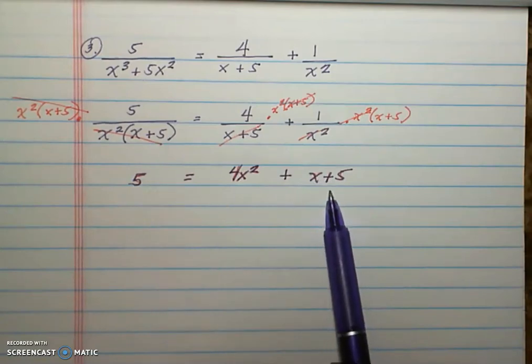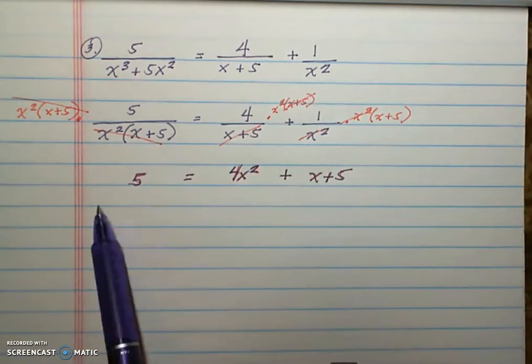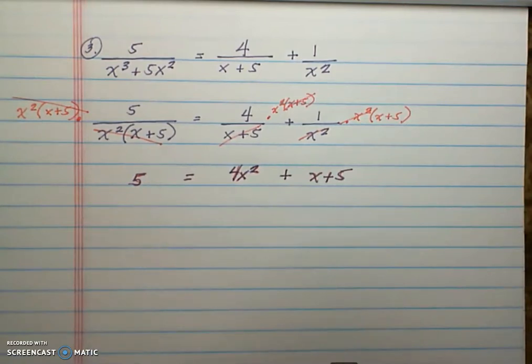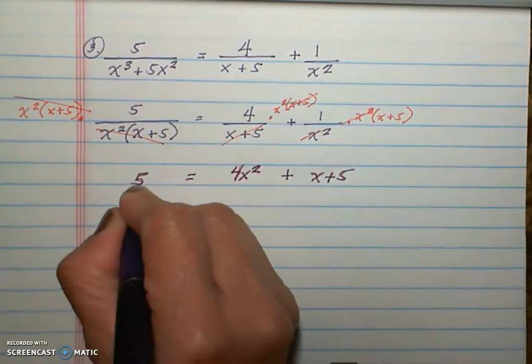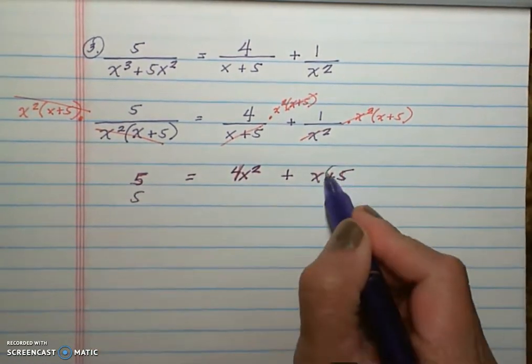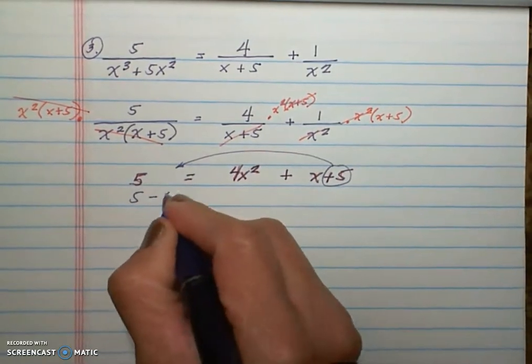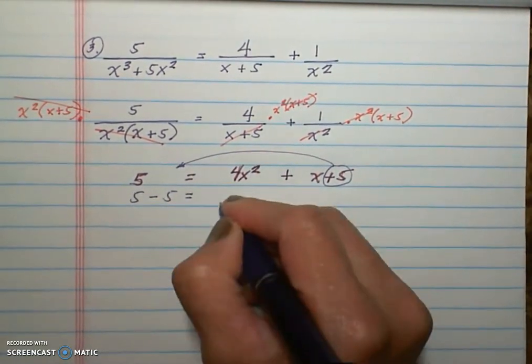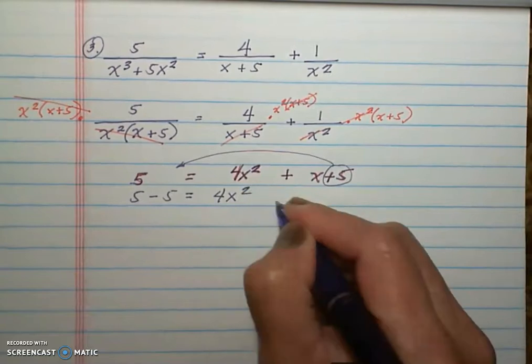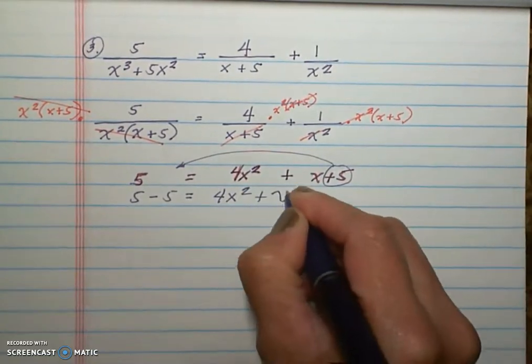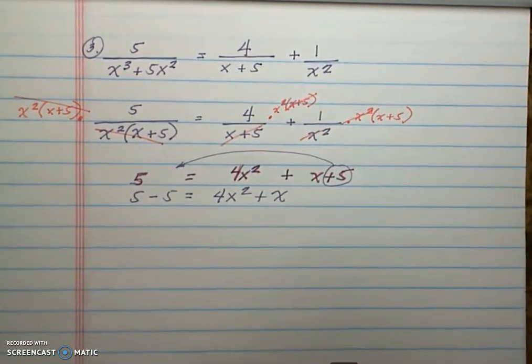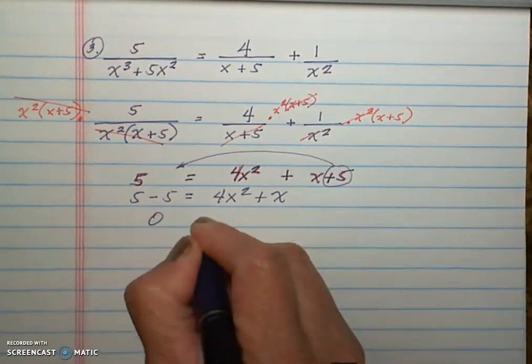And again, if you want to check that with the inverses, then you can minus 5 both sides. It will be the same. Copy down the 5. This goes to the other side and turns to negative 5. Copy the equal sign and then 4x squared plus x. And now 5 minus 5 is 0.